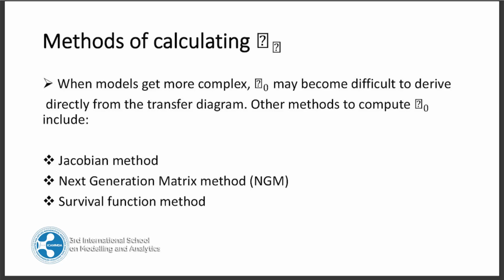For this discussion, I'm focusing on the next generation method. We will see how we can use it to derive the reproduction number that we have just gotten by direct observation from the flow diagram. Okay?